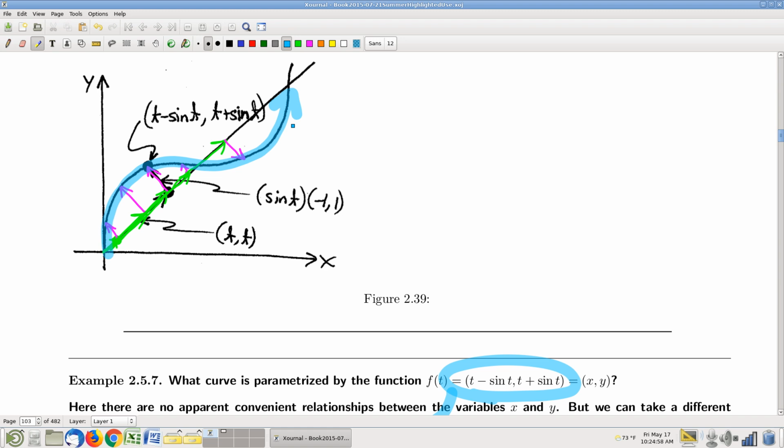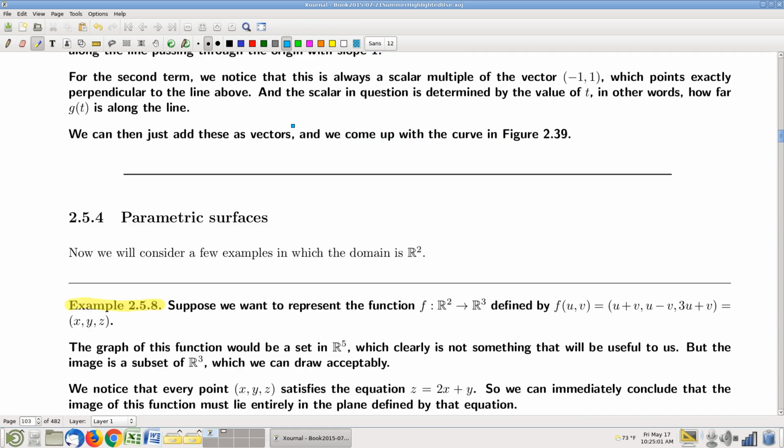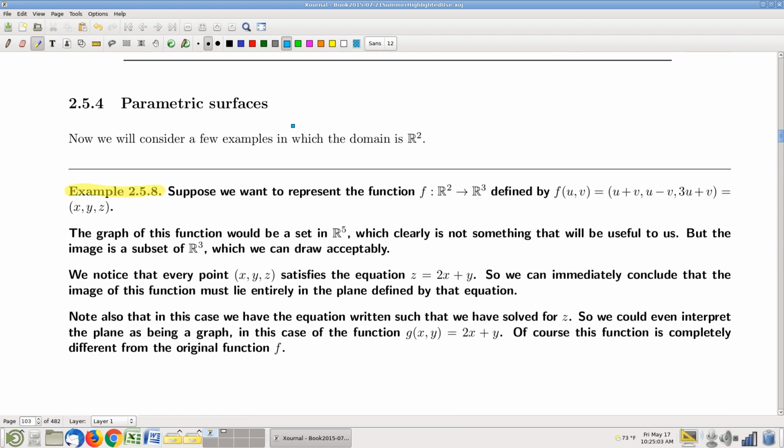Okay, alrighty. So let's talk about parametric surfaces. They're a lot like parametric curves. The big difference is that instead of having one input variable, we now have two input variables, u and v. I appeal to your memory of the argument we made last time.